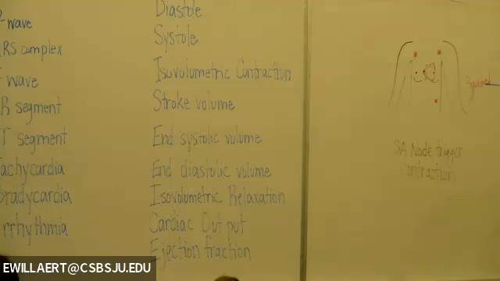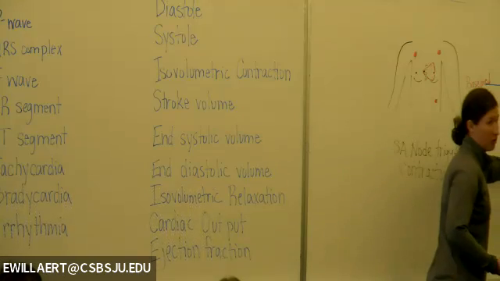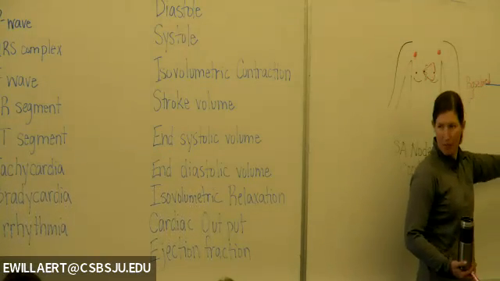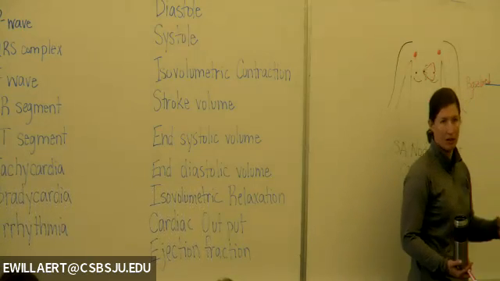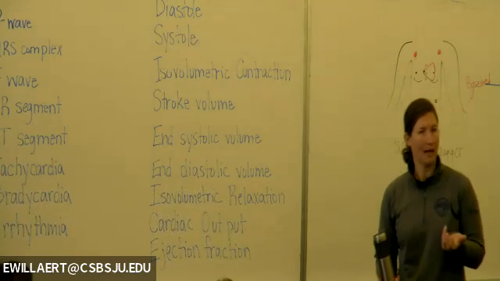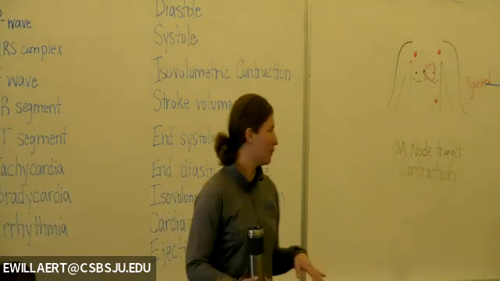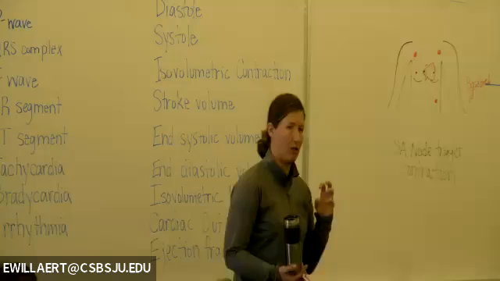The P wave is atrial contraction, okay? And then QRS is ventricular contraction. Yeah, so we start to see atrial repolarization in this QRS complex, but because the ventricles are so big, most of the positive charge that we're reading is the QRS complex. The atria don't really have a lot of muscle mass because they use gravity to move the blood downward, and they use a little bit of contraction.